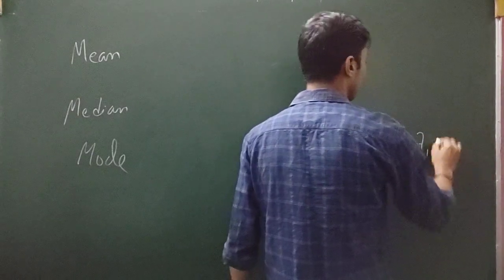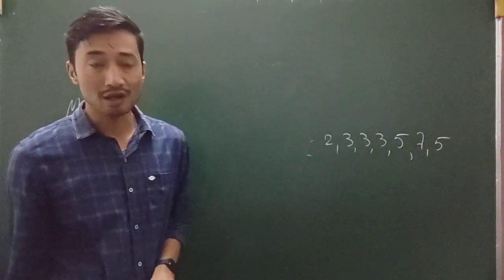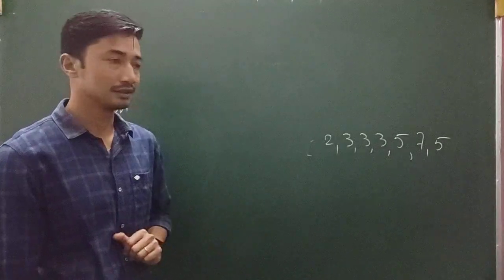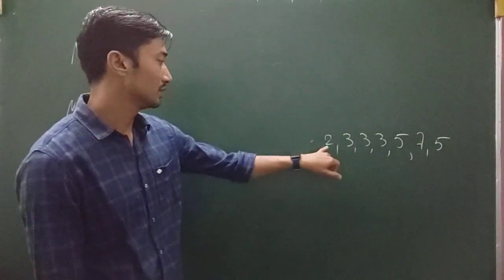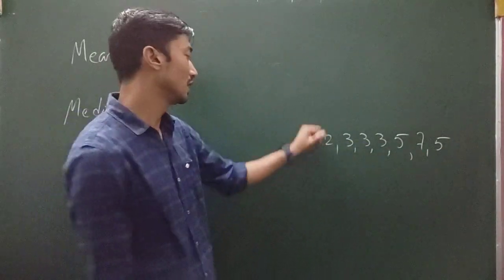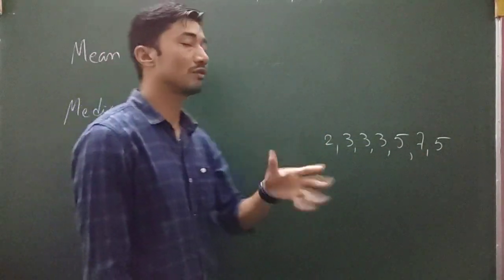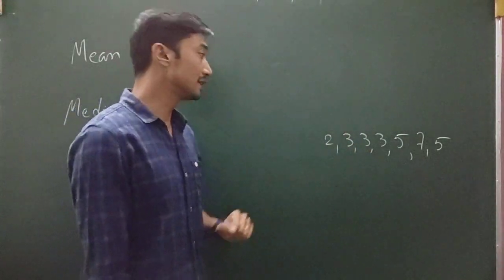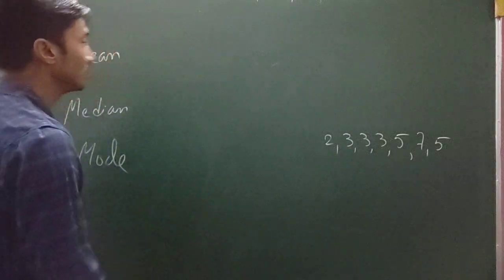Let's say these are the marks students scored in a particular test out of 10 marks. So these are the marks of 7 students, or maybe the marks of one particular student in 7 different subjects. What would be his average, the mean? How do we do that?